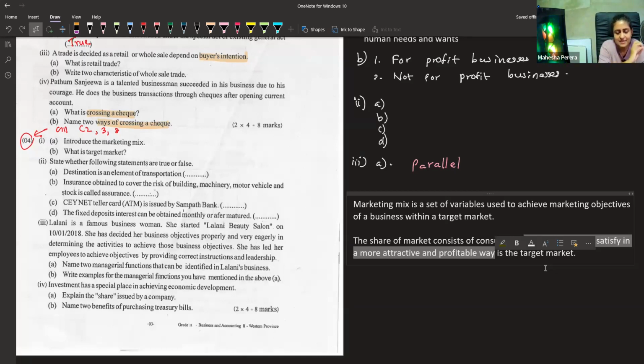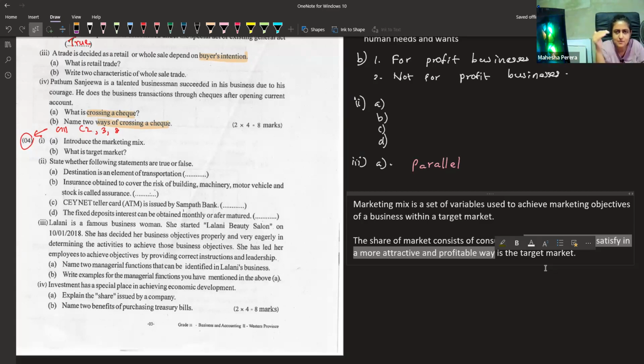So people who have sensitive teeth is a target market. And this product is highly attractive to this target market, and highly profitable to the business. They can charge more than for a normal toothpaste.